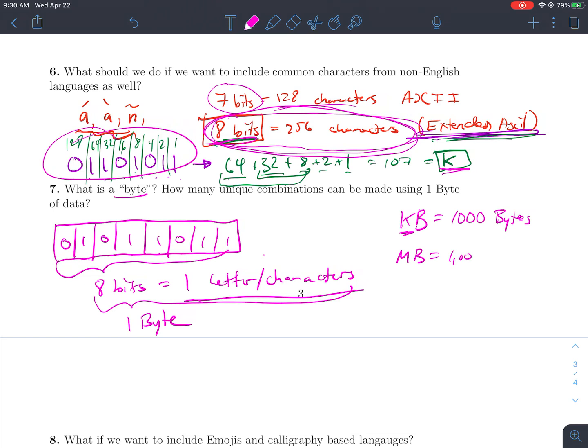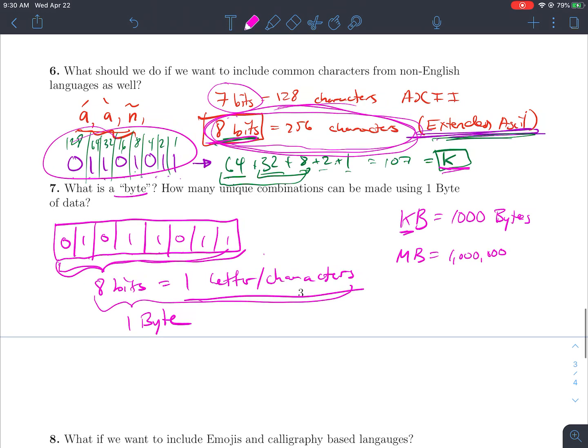A megabyte is 1,000,000 bytes. So 1,000,000 of these 8-bit combinations, and that would be 1,000,000 letters worth of memory. Or gigabyte even. It's a lot of bytes.